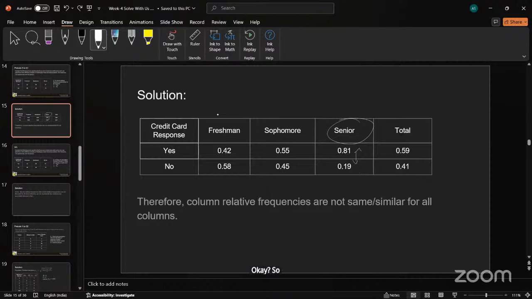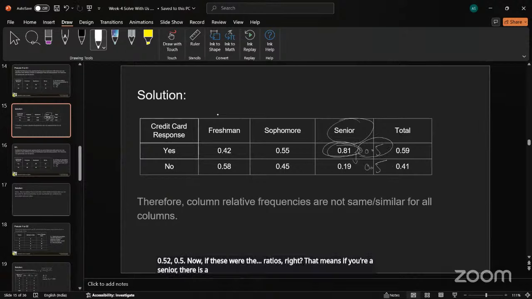So now if a person comes and says, I'm a senior, you will predict that he has a higher chance of having a credit card, right? But if we change this 0.81 to 0.5, so that if you are a senior, there is a 0.5 chance that you own a credit card and 0.5 chance that you don't.